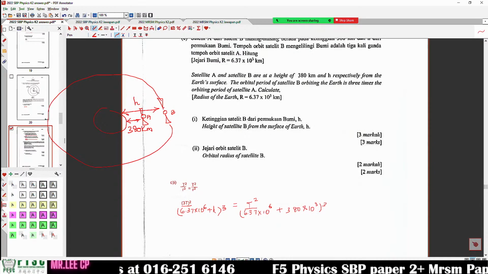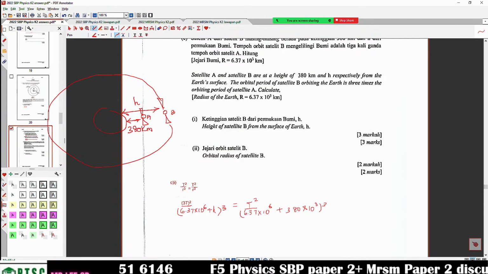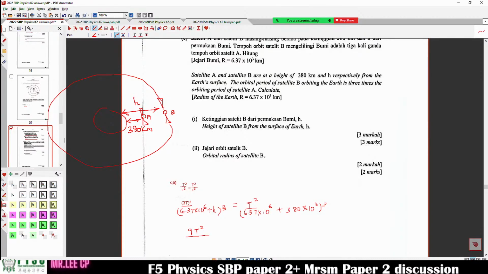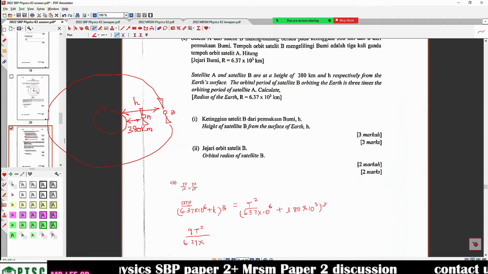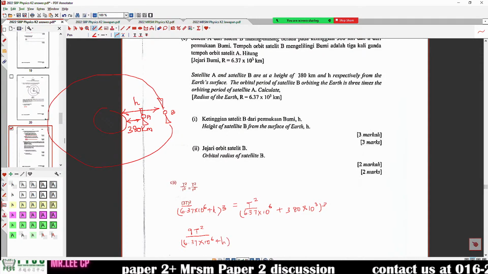So what you need to do is, after you square 3T squared, you get 9T squared, over this one that I don't know, 6.37 times 10 power 6 plus h, and then cube.